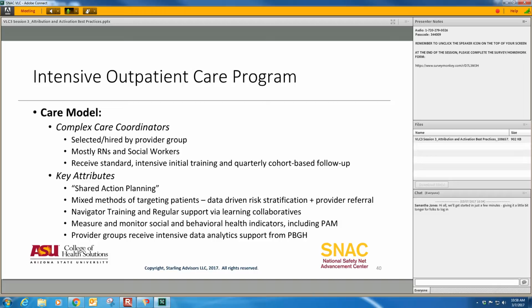I talked a little bit already about the navigator training and regular support via learning collaborative. They required providers to use this patient activation measure to get a baseline for patient activation upon entry in the program, and then they monitor that measure over time. And then this piece around data analytics was a really important function to have within the practice, but very few of the provider groups were able to incorporate that infrastructure within their practice.